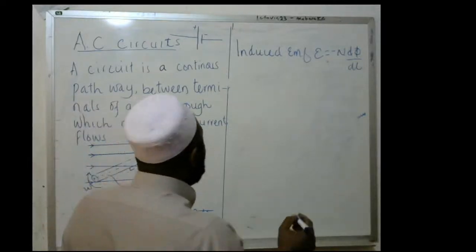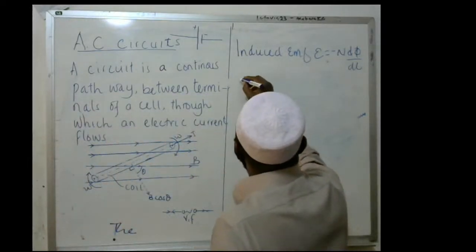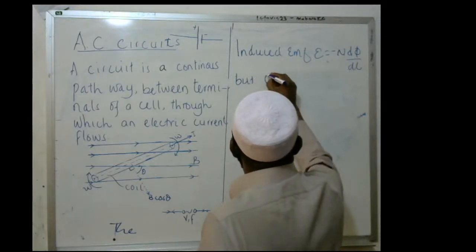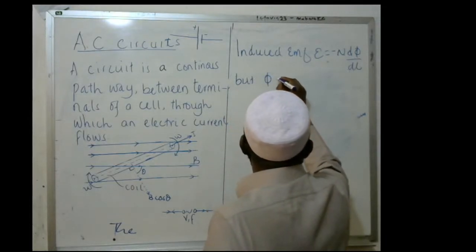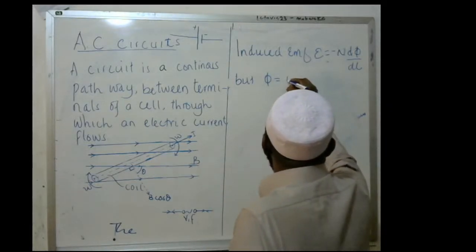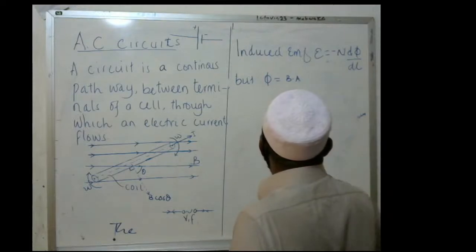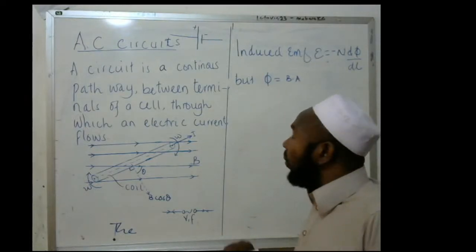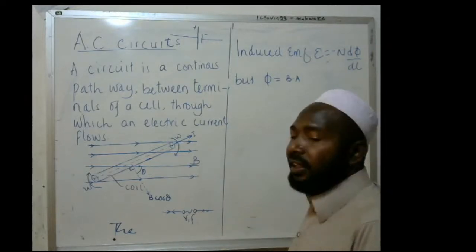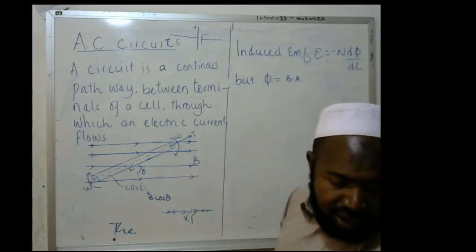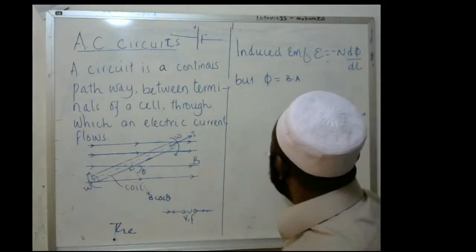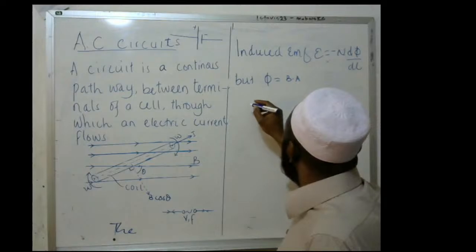And now, phi is given by BA, where B is the magnetic flux density and A is the area of the coil.